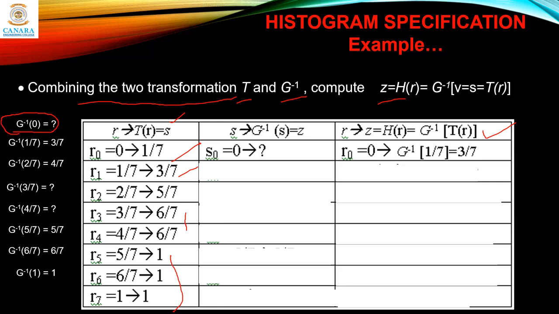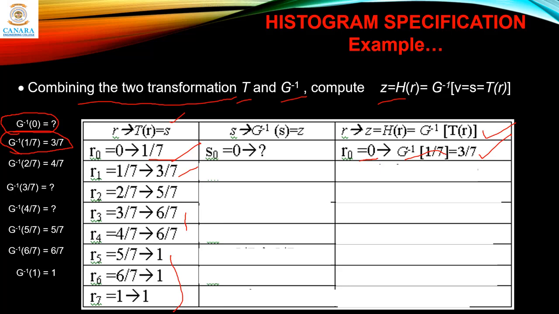And similarly, R naught of 0 maps to G inverse of 1 by 7. So R naught of 0 maps to 1 by 7. Okay, so 1 by 7, G inverse of 1 by 7 maps to 3 by 7. So here it is, G inverse of 1 by 7 is 3 by 7. Okay, so that is the first thing.